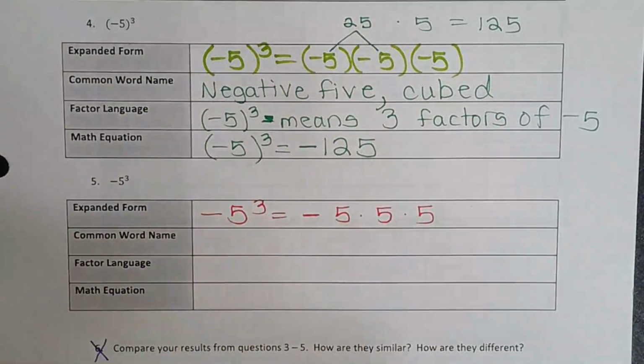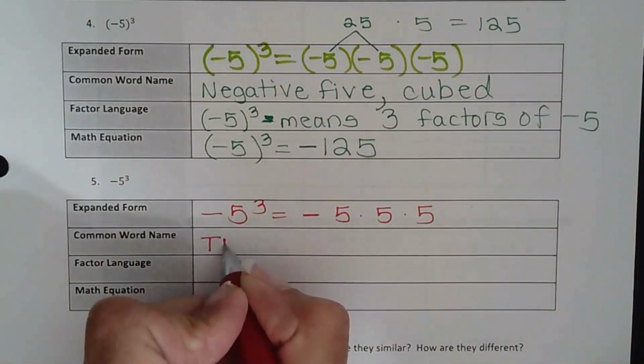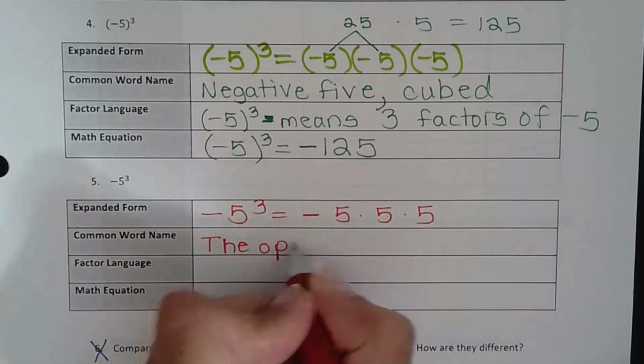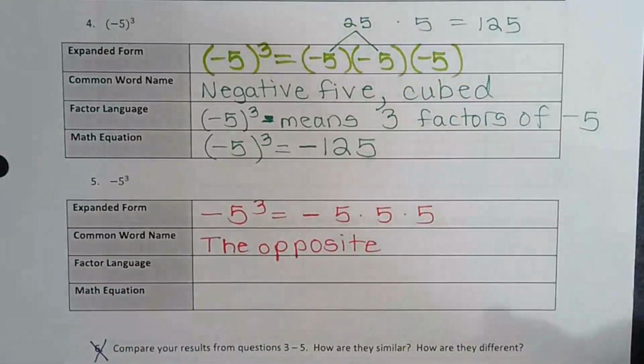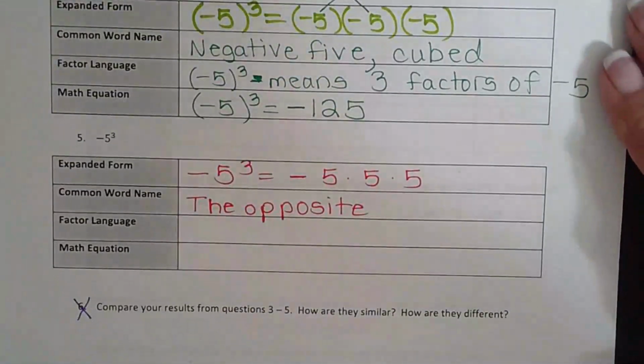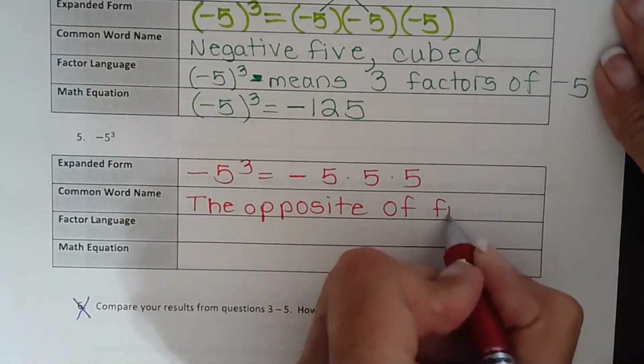And the common word name is the opposite of 5 cubed. So anytime you have a negative in front that is not in parentheses, it's read the opposite of 5 cubed.